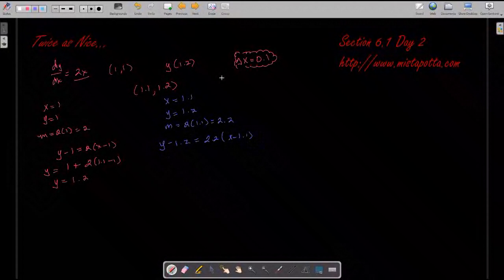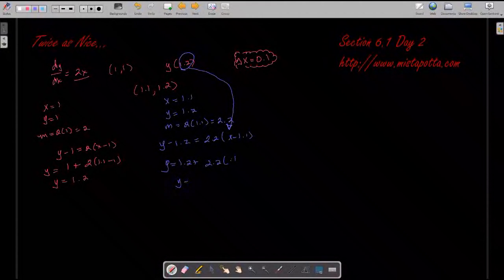So if I now substitute 1.2 not in my original tangent line, but in this new tangent line, this modified tangent line, this one that's a little bit closer to my parabola, then I find out that y ends up being 1.2 plus 2.2 times 0.1, or y is 1.42.